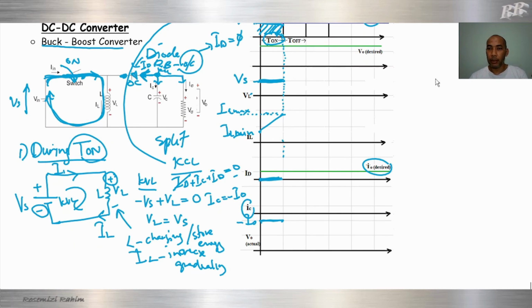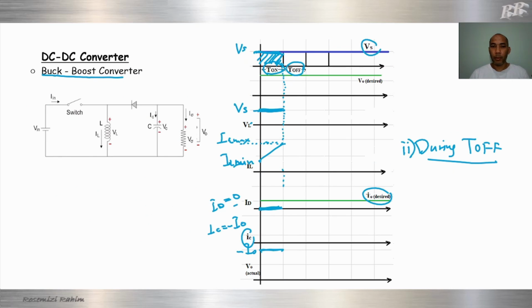Next we study the waveform, the response, during switch off, T off. During switch off, we open this switch. What happens is this part will be removed, split, so we only have this part.